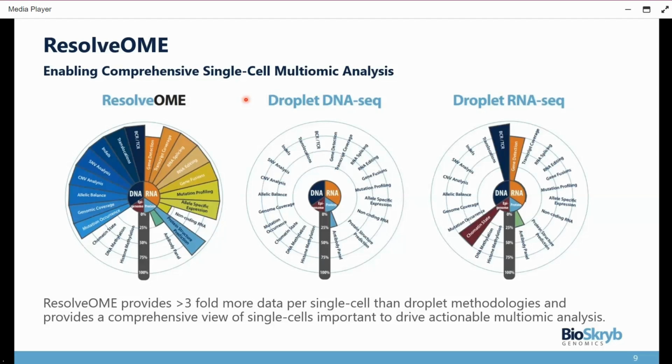The reason is that there is an interplay between the RNA and the DNA, and that information helps the diagnosis and understanding of pathogenesis and cancer susceptibility. So if one is studying tumor heterogeneity and trying to correlate heterogeneity to pathogenesis, single-cell multi-omic analysis is the only way to do it.